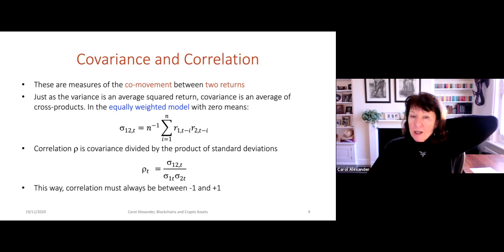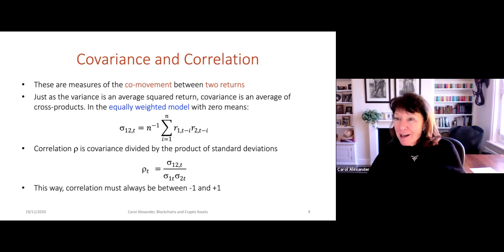Now, the trouble with covariance is that you might get a number like 0.0004, but it's actually really significant, because the numbers depend on the unit of measurement.